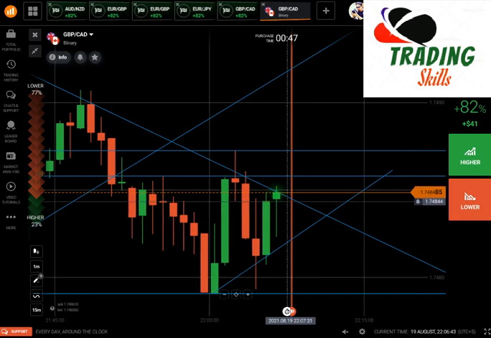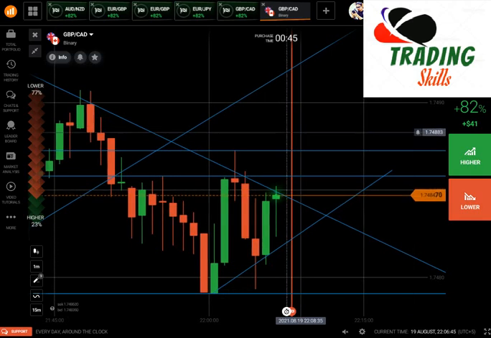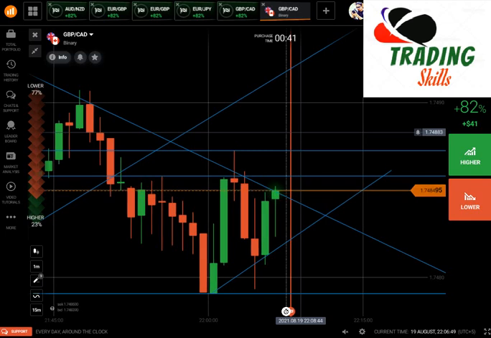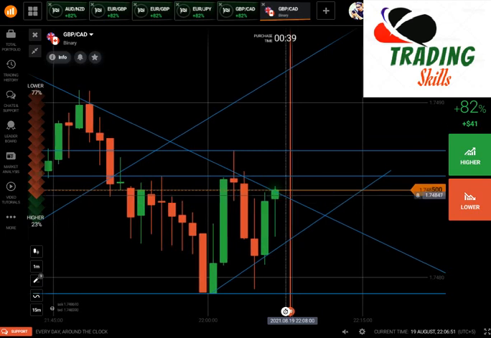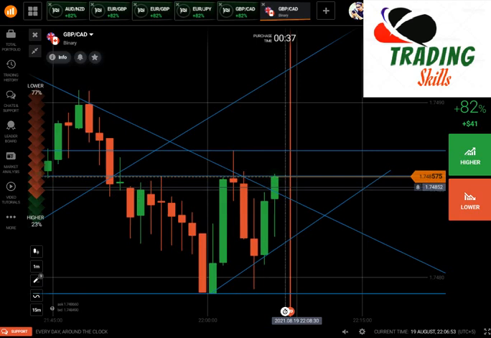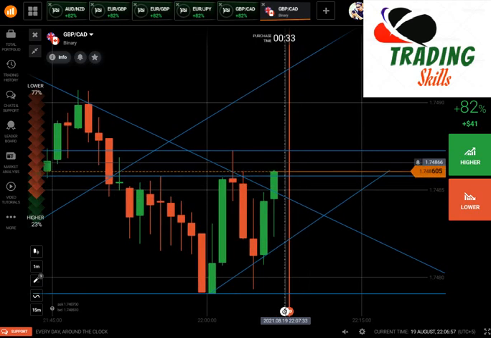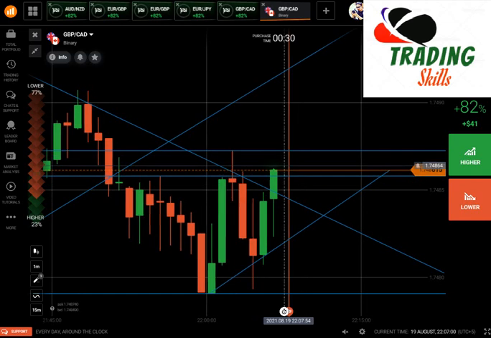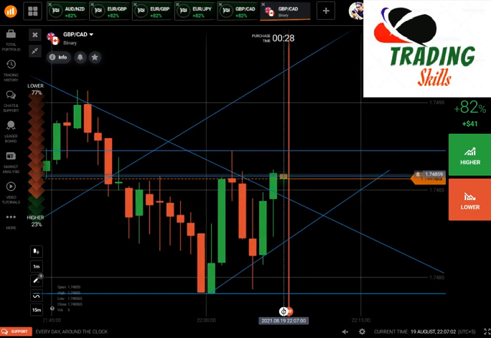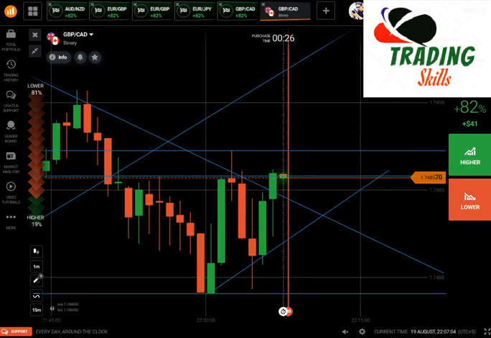Okay, I need to wait because right now I am taking my trades on the basis of price action, so it is pure price action. Now you can see here market is again trying to go up. Okay, crossing the level strongly, so I need to wait again. I need one more candlestick here as a green, a strong candlestick like this.